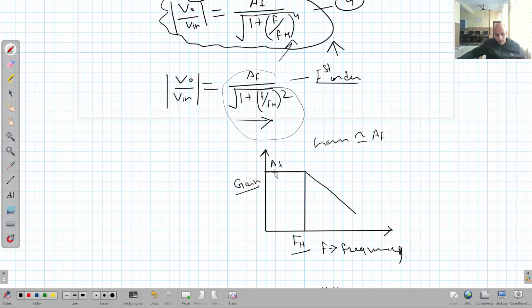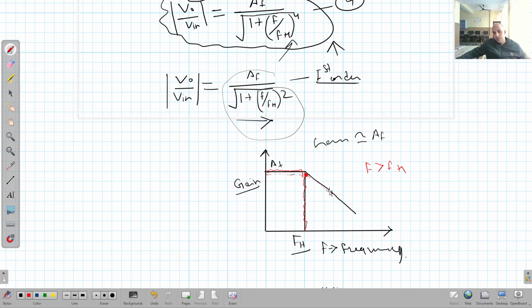Clear? In actual, this graph will be, this is the ideal. This response is basically the ideal response. Clear? Ideal. In reality, it will be like this. So at F is equal to FH, this is the value of the gain. But if F becomes greater than FH, then the gain will attenuate.